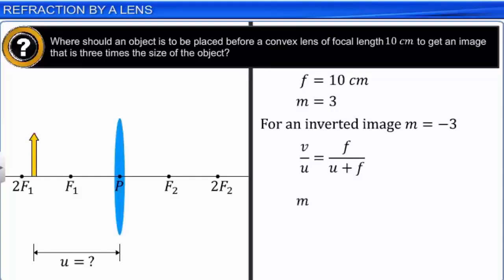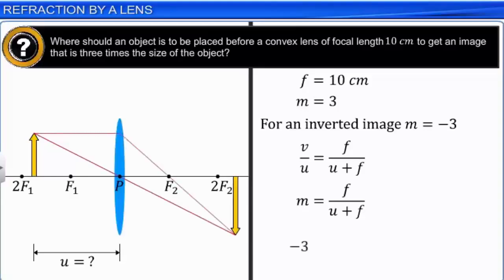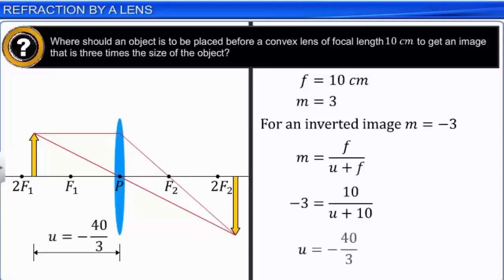On simplification, we get U is equal to minus 40 by 3. If the image is virtual, then M is equal to 3. Substitute these values in the above equation, and on further simplification, we get U is equal to minus 20 by 3.